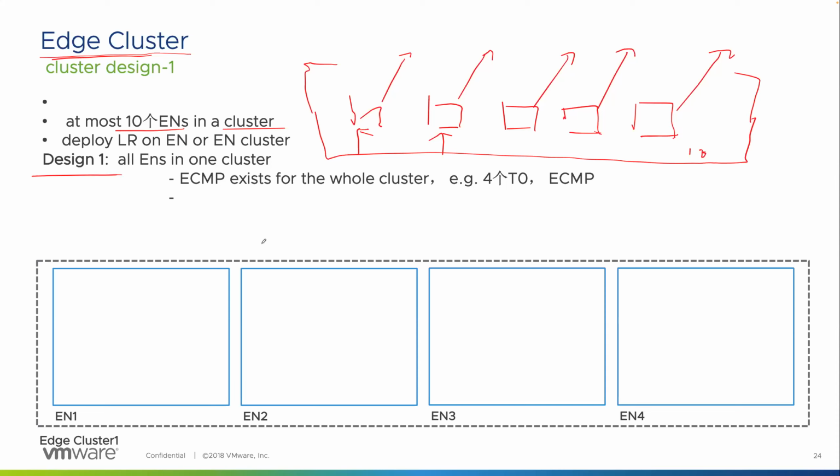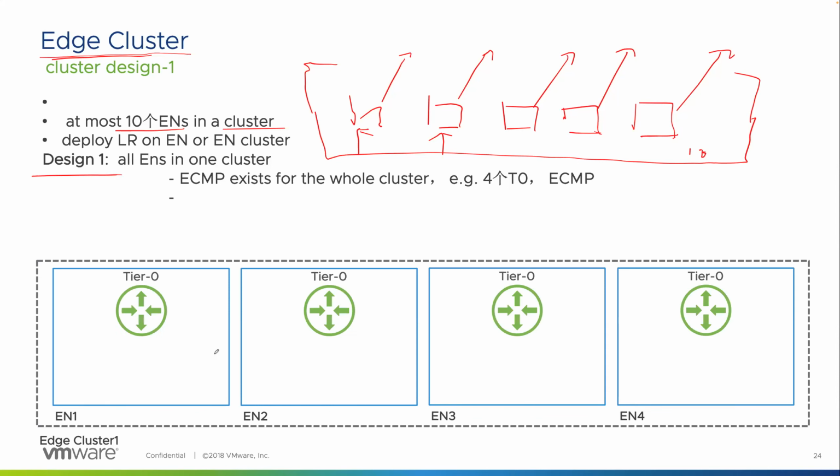For example, here we create edge node cluster 1 consisting of 4 edge nodes, and we put Tier 0.